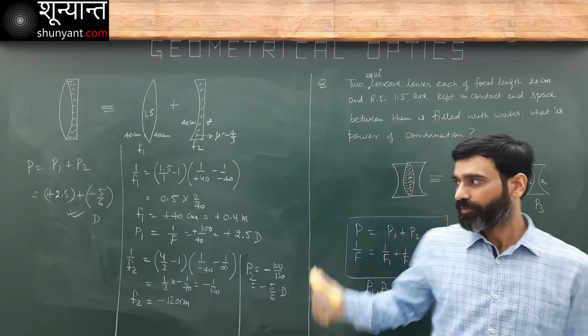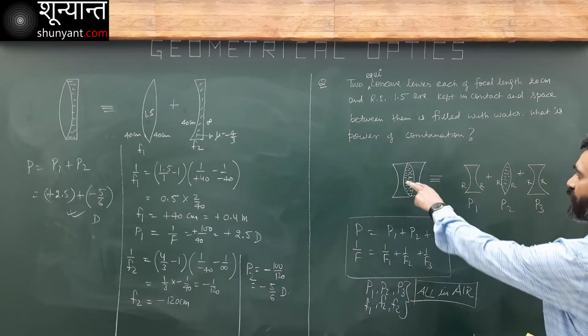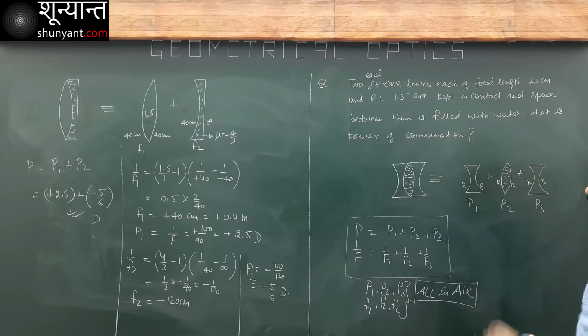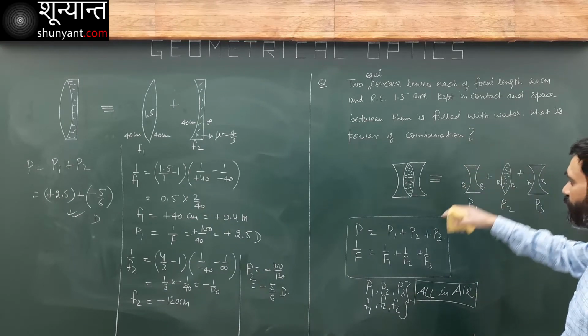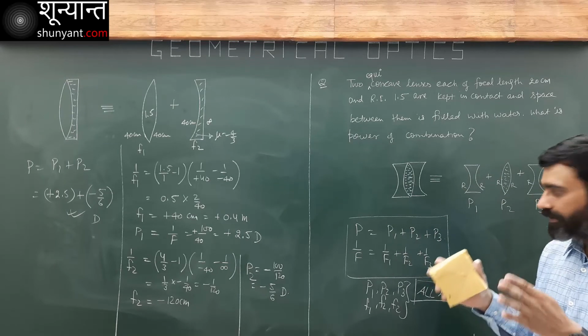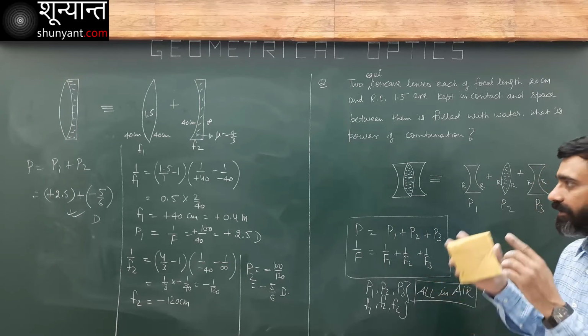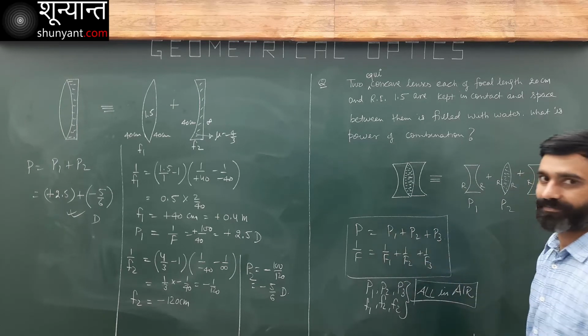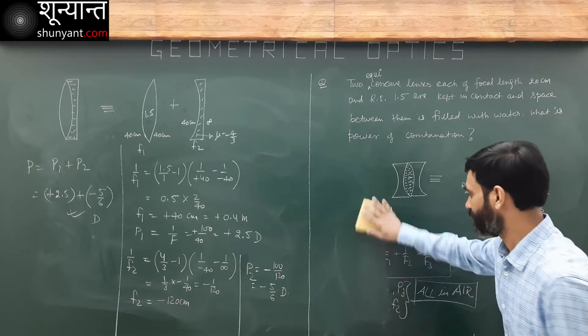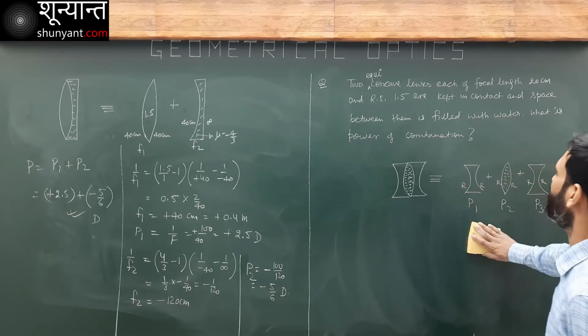So in such a combination, this is equivalent to 3 different lenses. I find their focal length and power separately in air, then combine them using this relation. I hope that you will be able to solve it on your own.